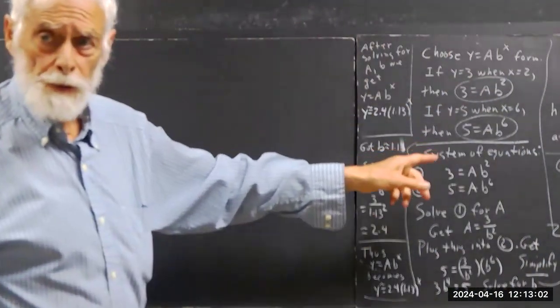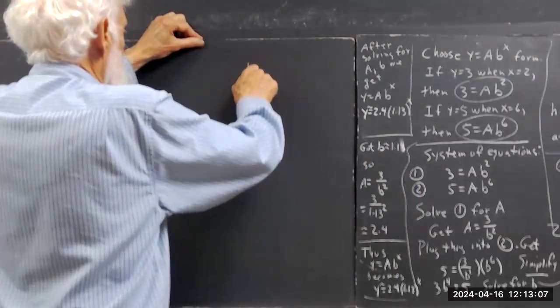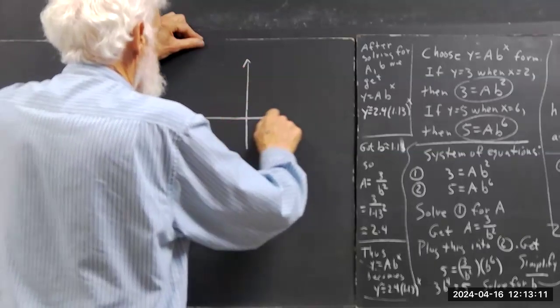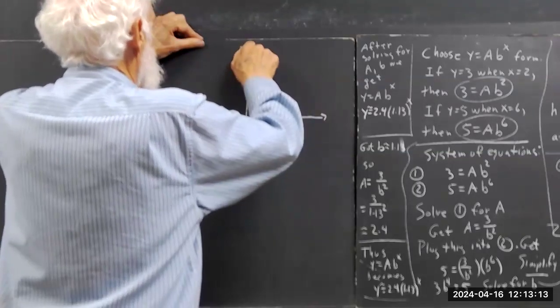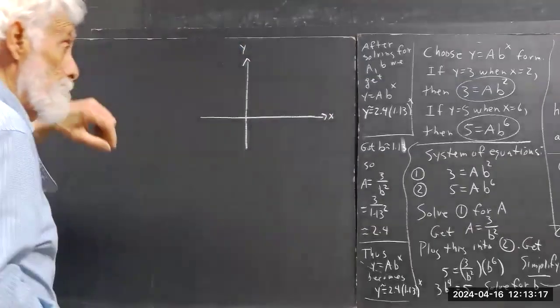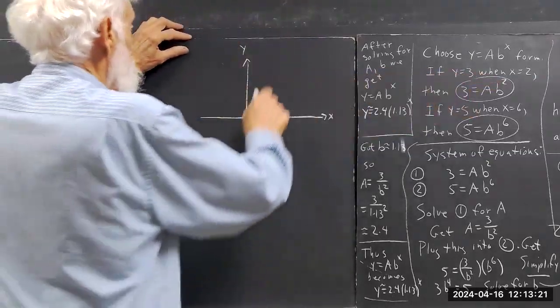If you give the values of A and B, we can say, okay, I've got a graph, Y versus X. And the graph has to go through the point 2, 3.